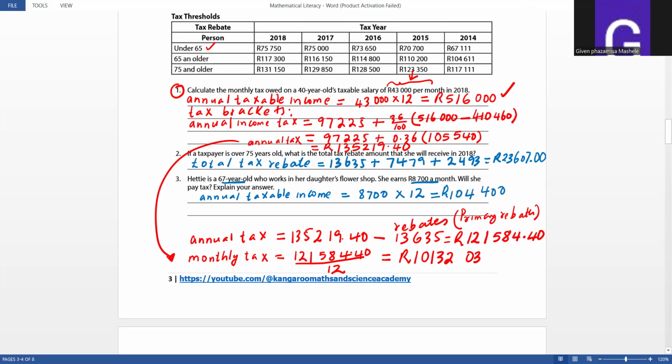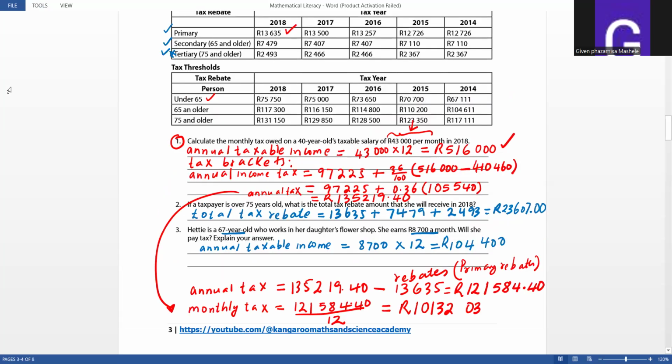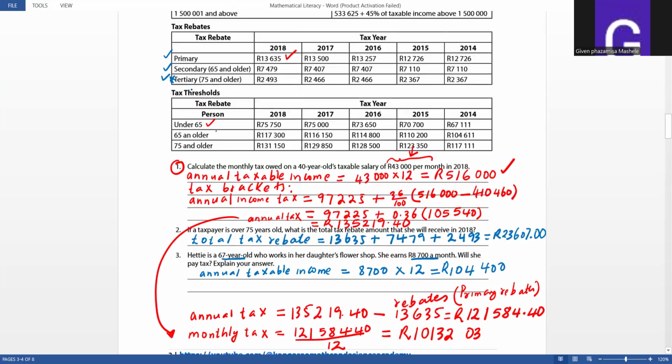Now let's compare her annual income and the tax threshold. Remember, she's 67 years old, so she falls in the 65 and older category, and we look at the tax threshold there.